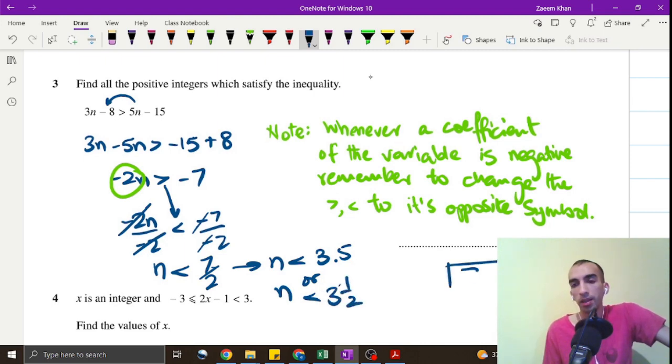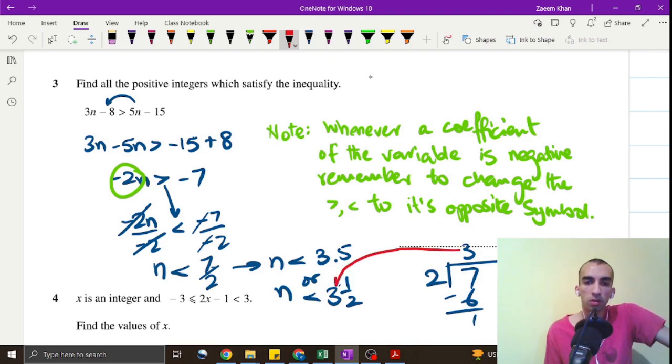How did I get that? I'll write 7 inside and 2 outside. How many times does 2 fit into 7? 3 times. Now take a good look. This 3 starts the fraction over here. The remainder goes in the numerator. Now where does the divisor go, Rida?